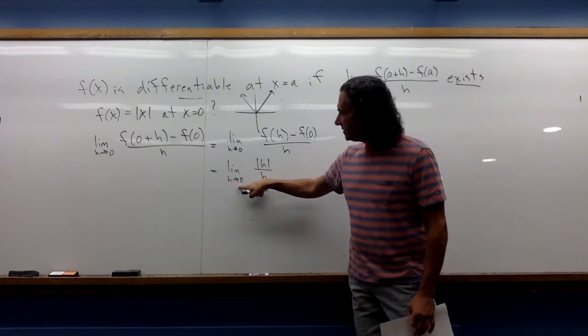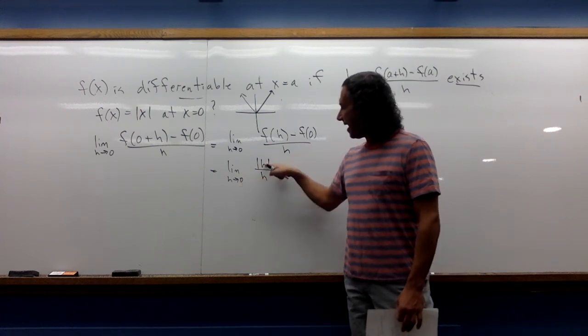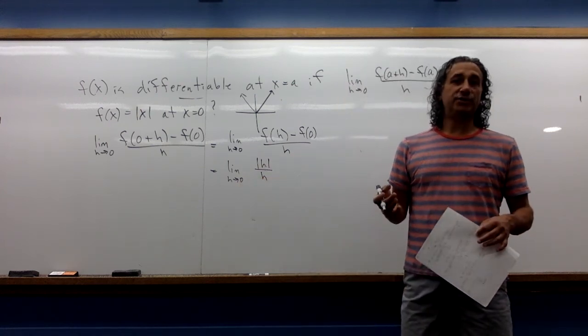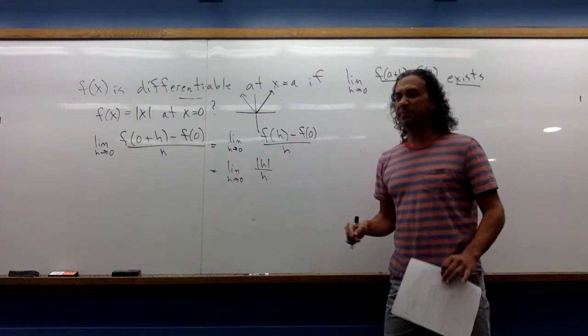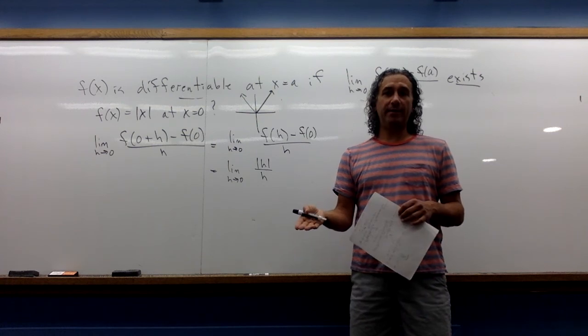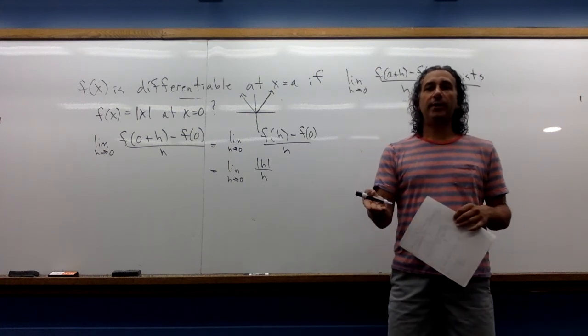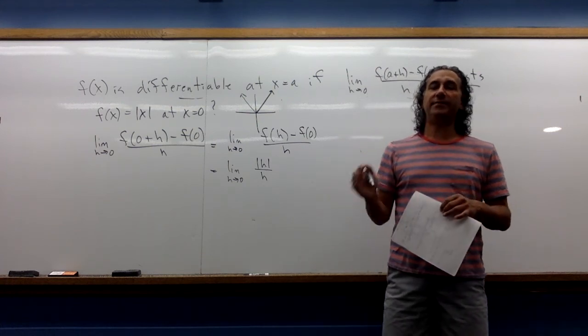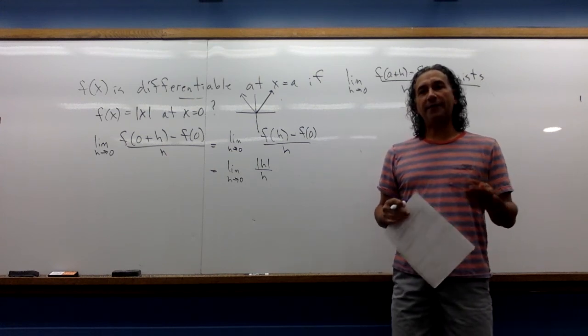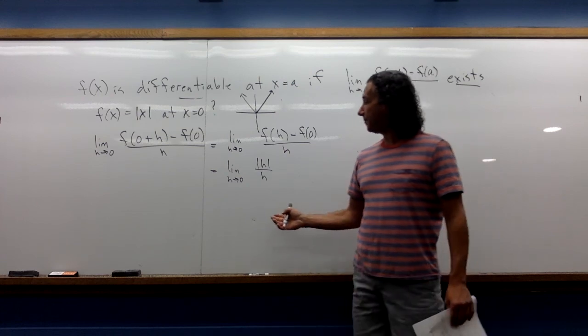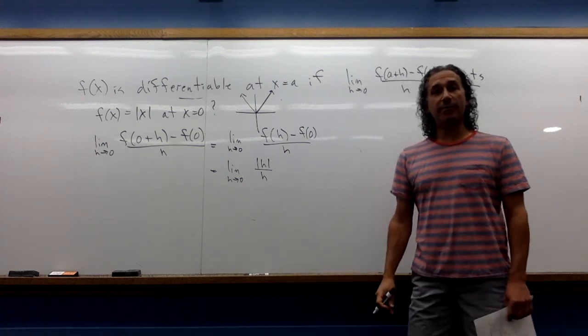If h happens to be coming from the right side, the absolute value does nothing to the h. If h comes from the left side, then we're going to spit out the opposite of what we put in. If you put in a -2, the absolute value of that is the opposite of -2. Since this guy behaves differently from the left and the right, I think we're going to use our left-hand and right-hand limits and compare those two.